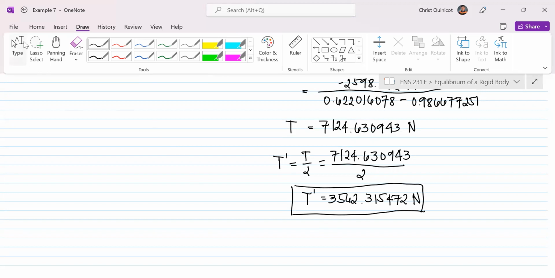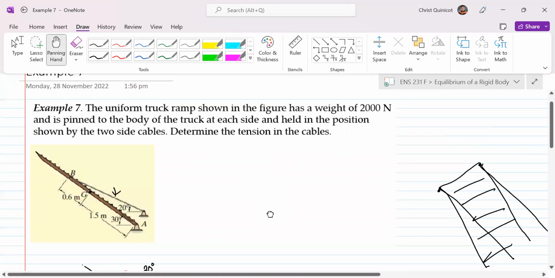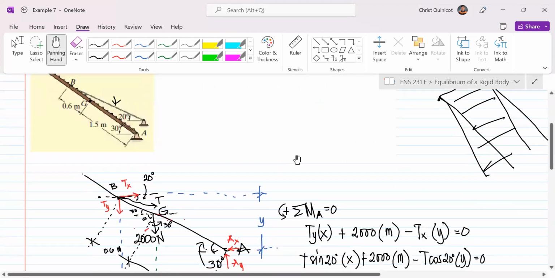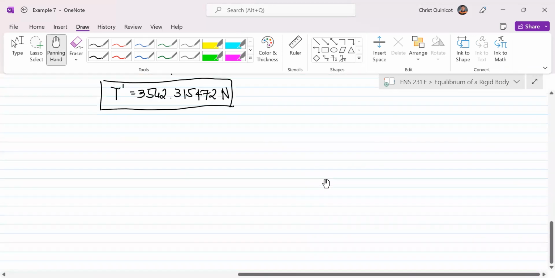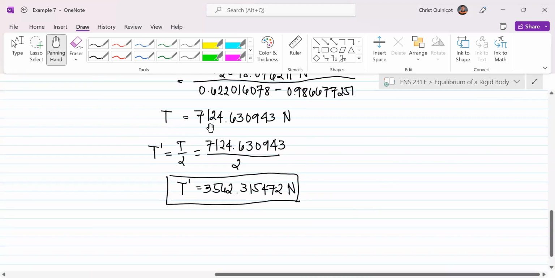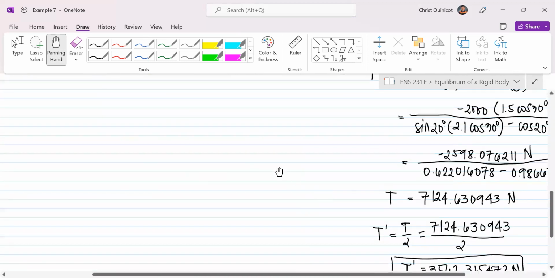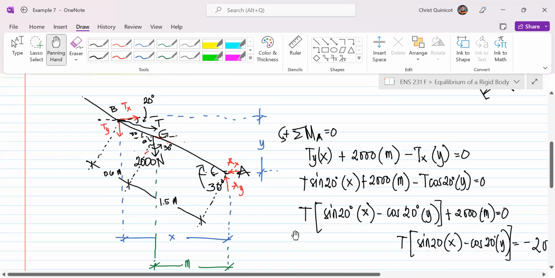Now, although it is not being asked in the problem, if we are to determine the reactions A sub X and A sub Y, instead of using the value of the tension for each cable, we will be using the 7,124.630943, because this value is the total tension that our two cables are experiencing.